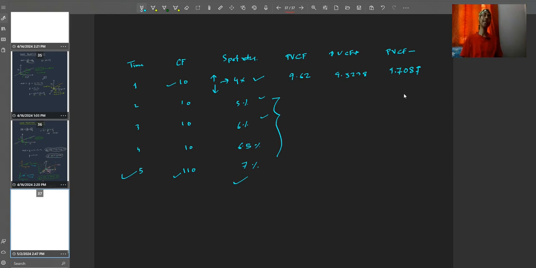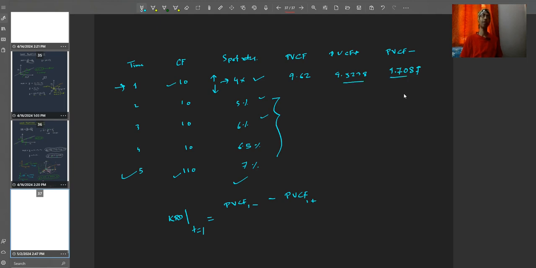Now, how do we calculate key rate duration for t is equal to 1? Because key rate duration is obviously for the individual timelines, not for the entire maturity period, right? For the individual time periods. So, key rate duration for t is equal to 1 is given by PVCF 1 minus PVCF 1 plus, that is this one minus this one, right?